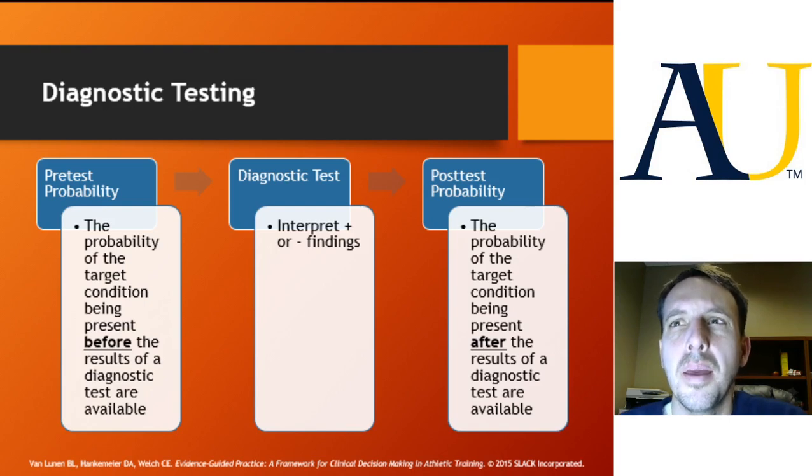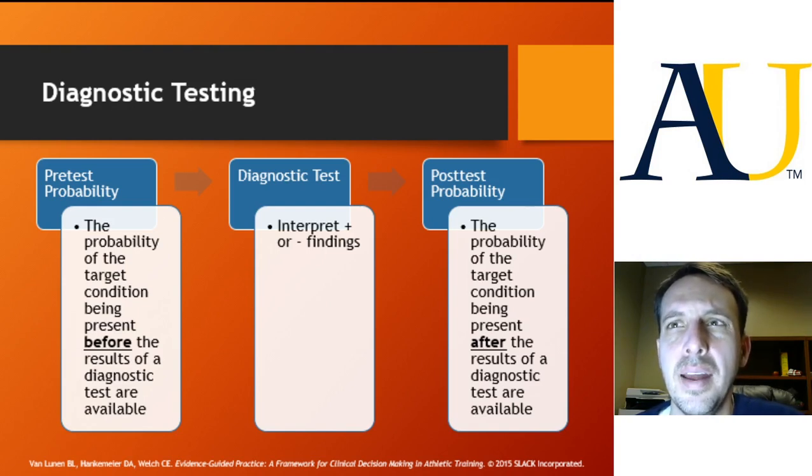And so how this works in real life is we're going to create what we call the pretest probability. The pretest probability is the probability of the target condition being present before we do anything, just based off our clinical knowledge as well as our knowledge of the prevalence of the condition.